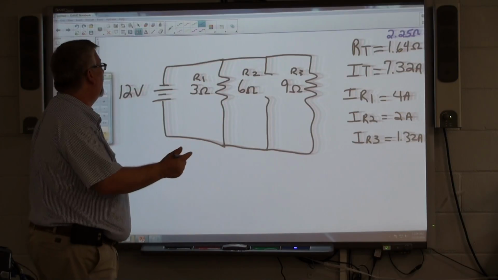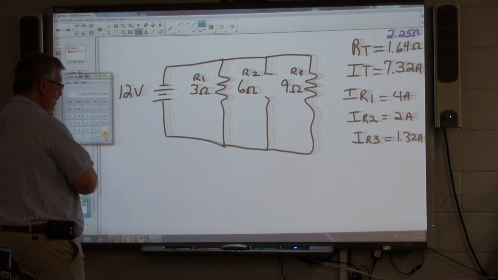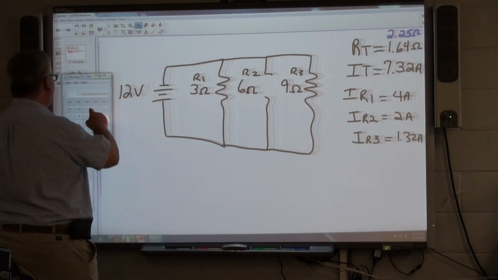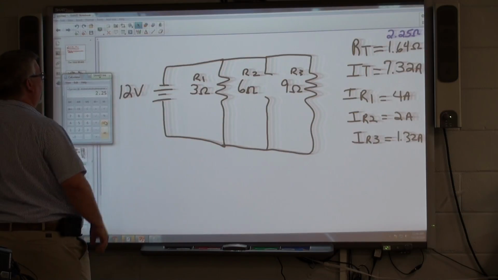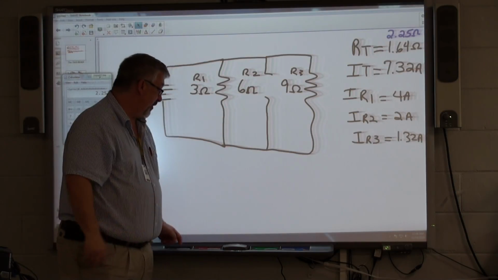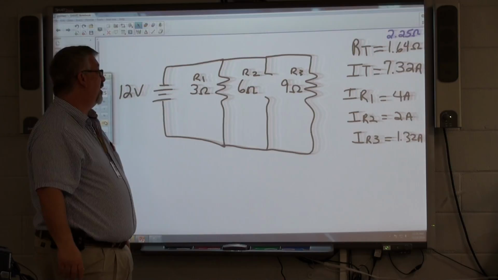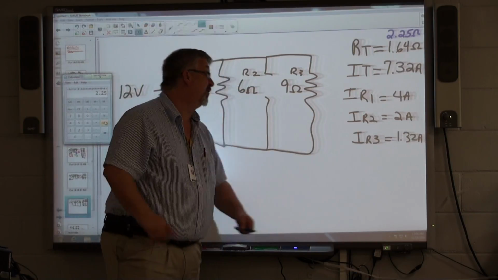So we've got 3 in parallel with 9. Let's lay this down so I'm right on my calculator. So 3 reciprocal plus 9 reciprocal equals reciprocal 2.25. So that's our new resistance. What is our new current?